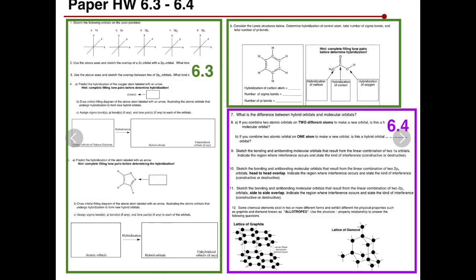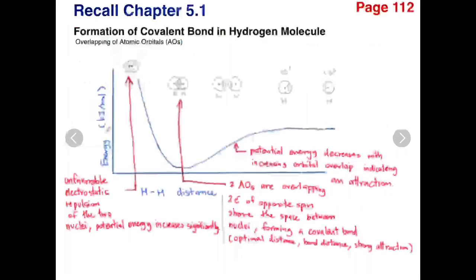Let's take a look at chapter 5.1 first. When we talk about the formation of the covalent bond, especially the hydrogen molecule that contains 2 hydrogen atoms, the 2 atomic orbitals of the 2 hydrogen atoms need to come close together.